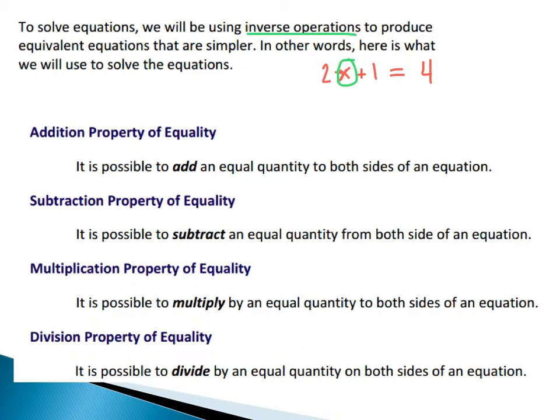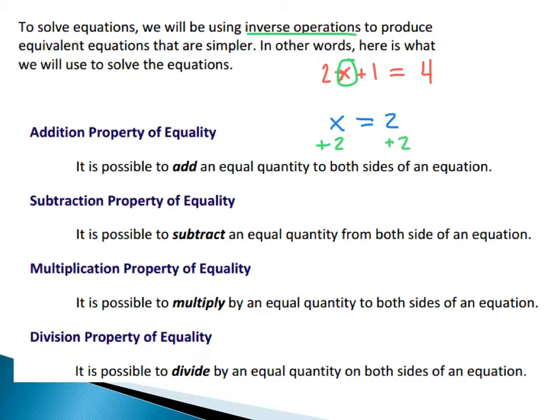I'm not going to go through each one in detail because I expect you to remember these, but I'll go through one of them, for example, addition. Let's say x equals 2, and I decide, for some reason, to add 2 to one side of the equation. In order to keep something equal, here's what all of these properties say. Whatever you do to one side, you must do to the other side.